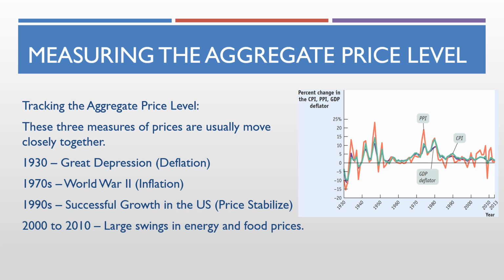And in 2000 and 2010, there is a swing of energy and food prices, where you see some fluctuations of the PPI there. But in general, you can totally tell how these price levels are tied to the business cycle in the United States.